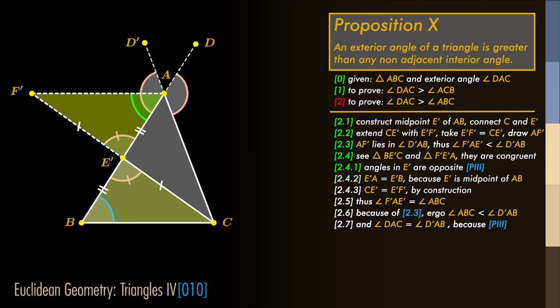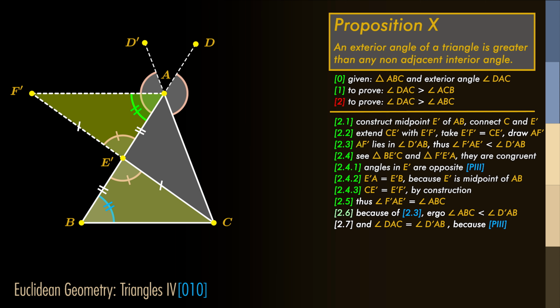BE prime is equal to E prime A because E prime is the midpoint of BA, and CE prime is equal to E prime F prime because we constructed it that way. So that means that all other parts of those triangles are also equal 2 by 2, and more specifically, the angle F prime A E prime is equal to the angle ABC.